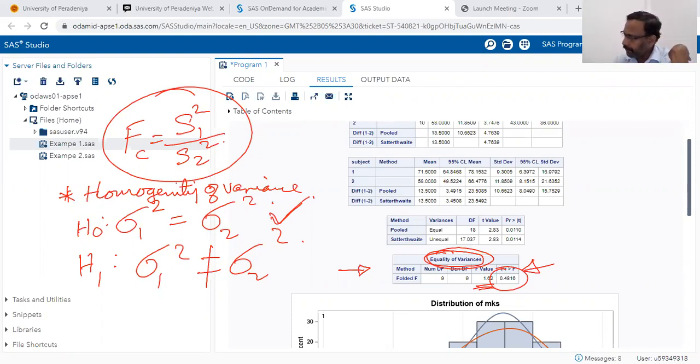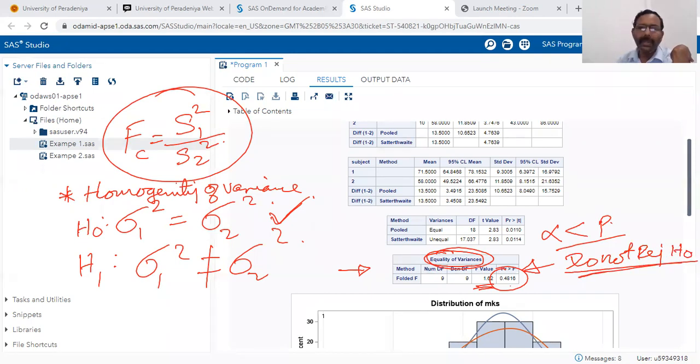Here the alpha value is much lower than the probability value, so we do not reject our null hypothesis. That is my conclusion. In other terms, we accept our null hypothesis.